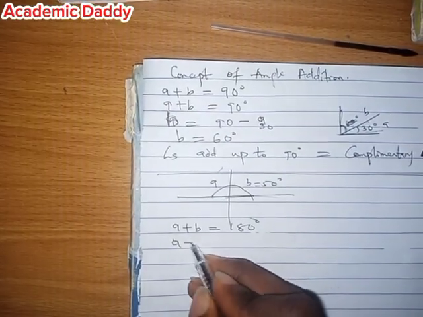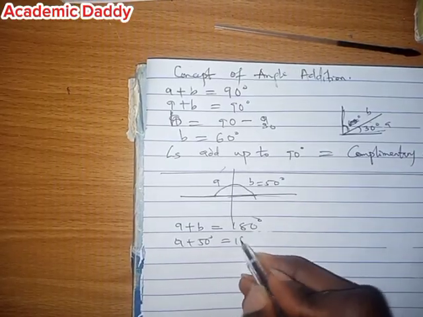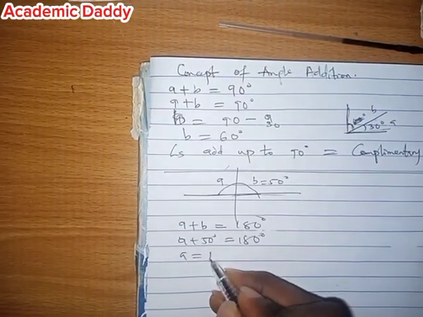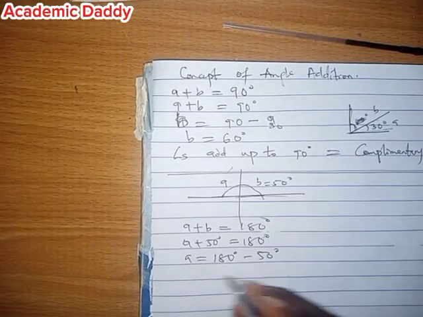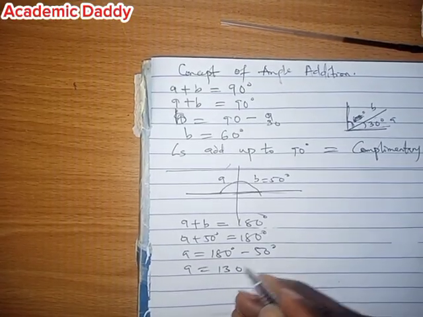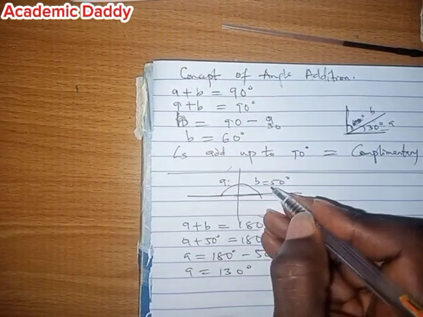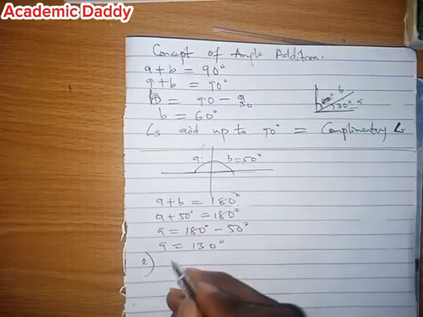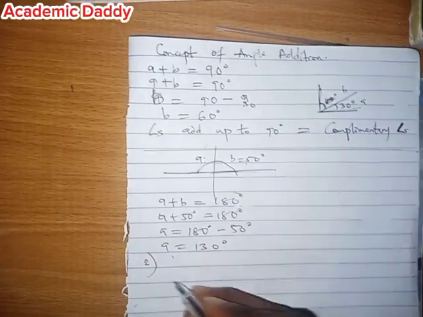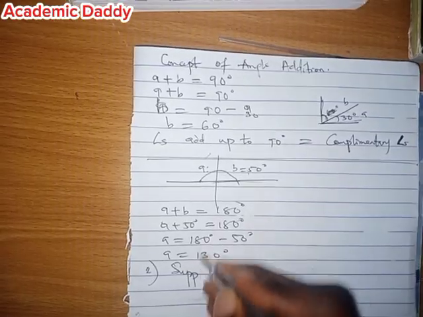Now this means A plus 50 degrees equals 180 degrees. It means that A will be equal to 180 degrees minus 50 degrees. A is equal to 130 degrees. If you put 130 here, 130 plus 50. So this is what we will call the second one. This example is what you call supplementary angles.